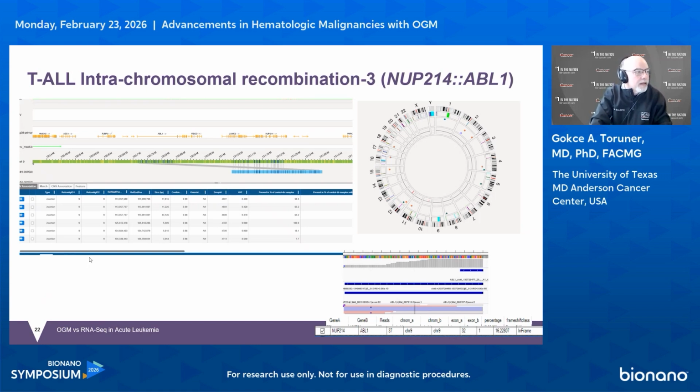And I was able to see the NUP214-ABL1 rearrangement. Based on what is happening here, probably this part is inverted during the recombination and comes here, and this is consistent with that data.